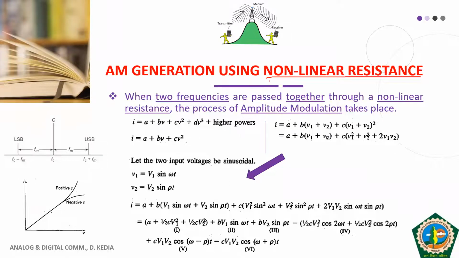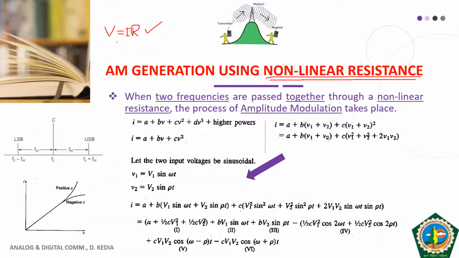I hope all of you are able to understand the meaning of non-linear resistance. We all know Ohm's law, and what is Ohm's law? V equal to IR. This is the linear Ohm's law. When we assume that our resistance is linear, then this is the simple Ohm's law, V equal to IR.